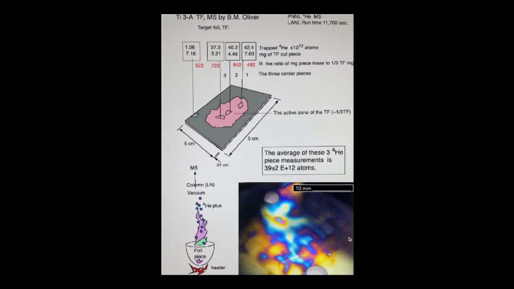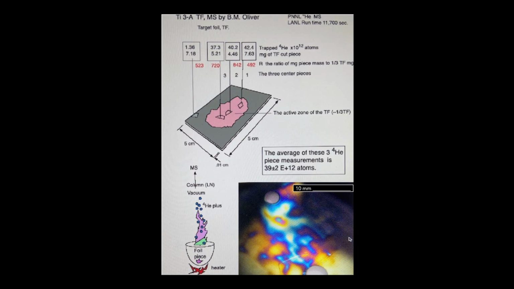Helium measured. The mass spec helium was measured by Brian Oliver at Pacific Northwest National Lab. Roger Stringham's paper titled Helium Measurements from Target Foils recounts this measurement.